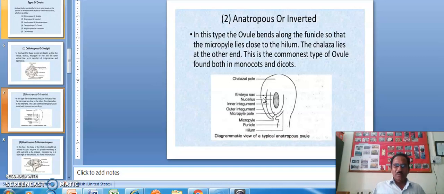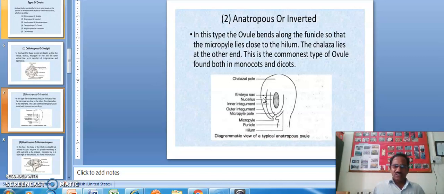Second type, anatropous or inverted ovule. In this type of ovule, the body bends along the funicle so that the micropyle lies close to the hilum. The chalaza lies at the other end.